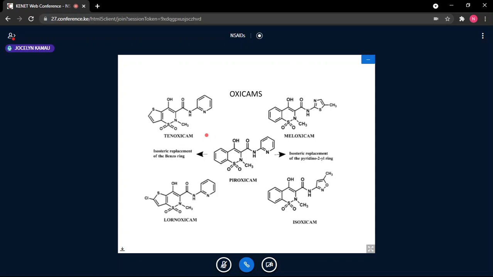So look at your handout, go to page 15. If you look at page 15, you will see the structure of piroxicam and the structure of meloxicam.